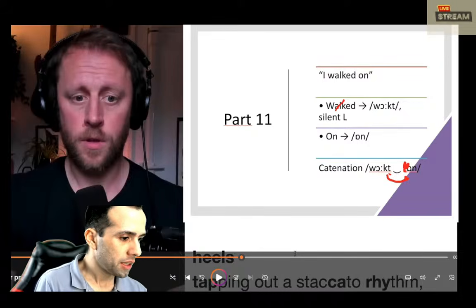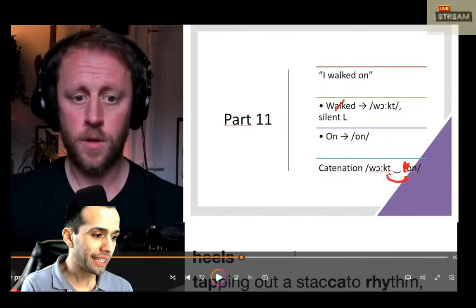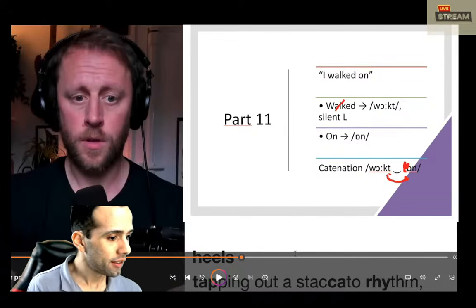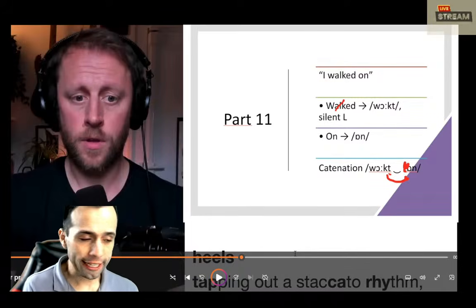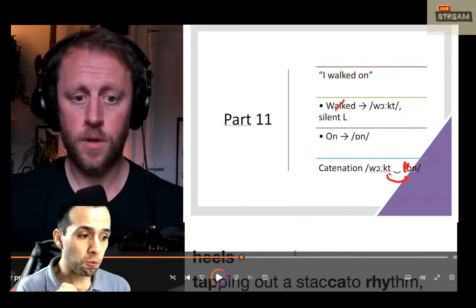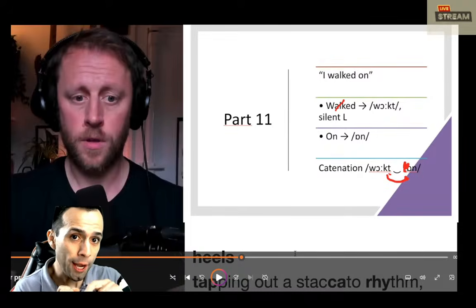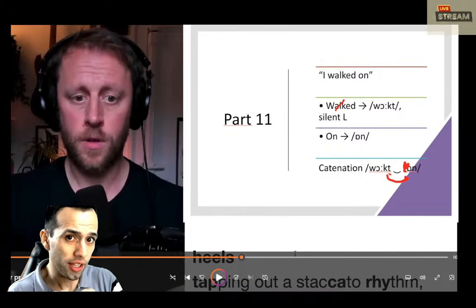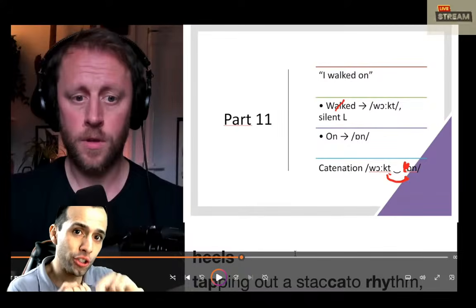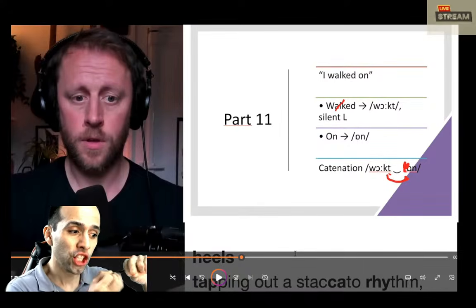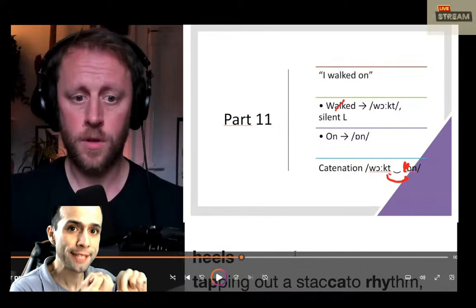And what we get here is catenation again. Specifically, the last sound in walked, which is a consonant, gets connected to the initial vowel sound in the next word.